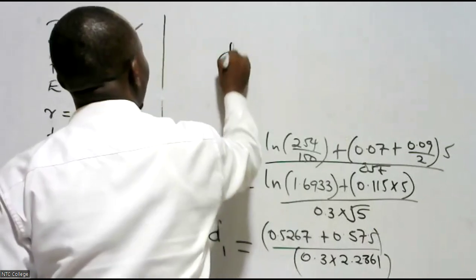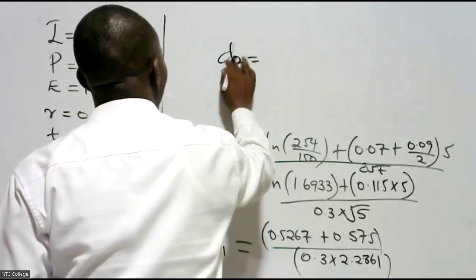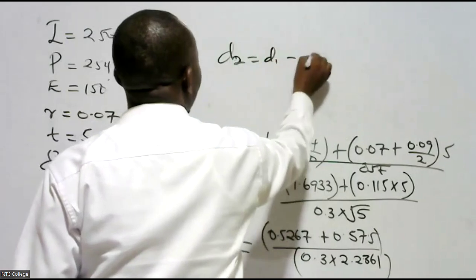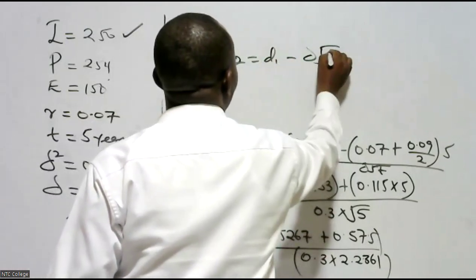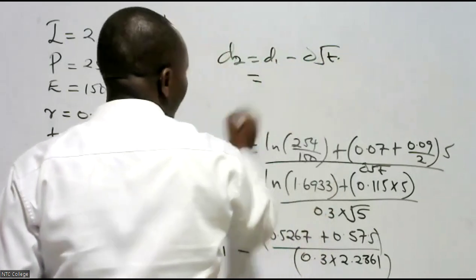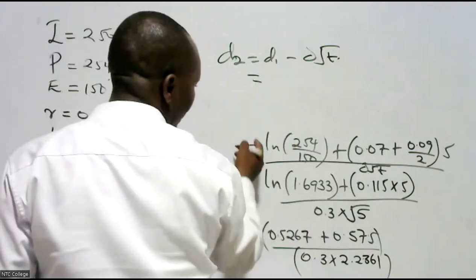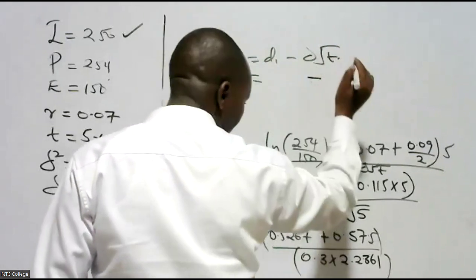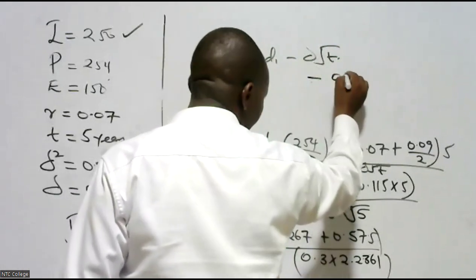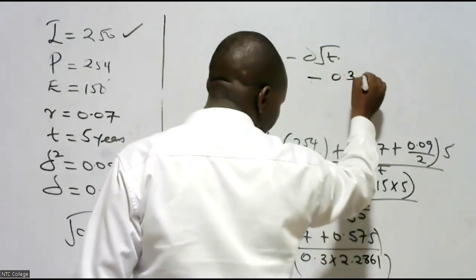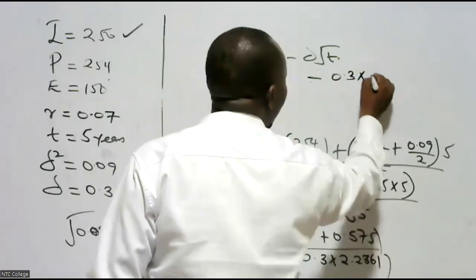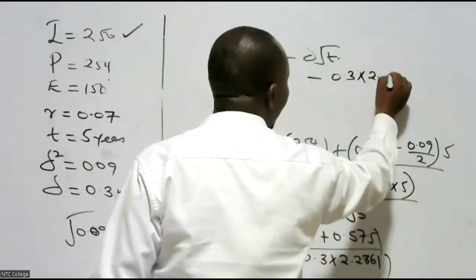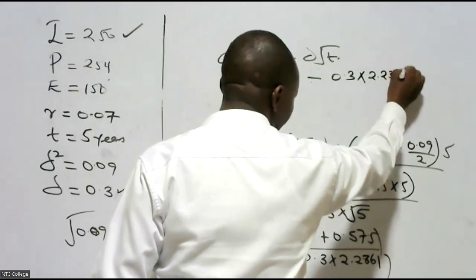And then D2 is equal to D1 minus, so this one is the same as D1, which you are going to give me the answer, minus 0.3 times 2.2361.